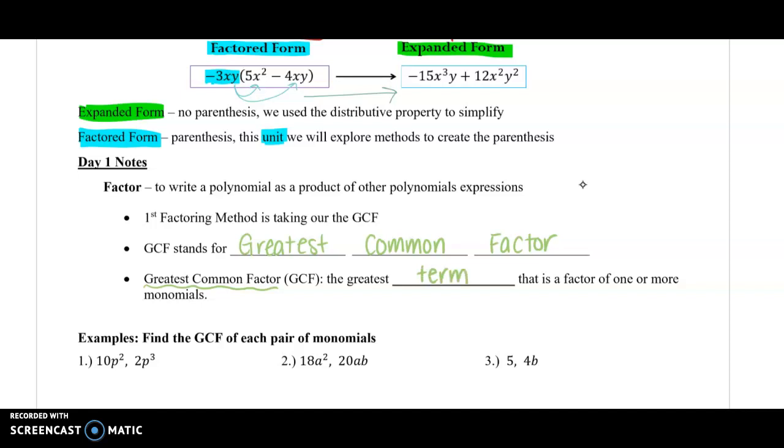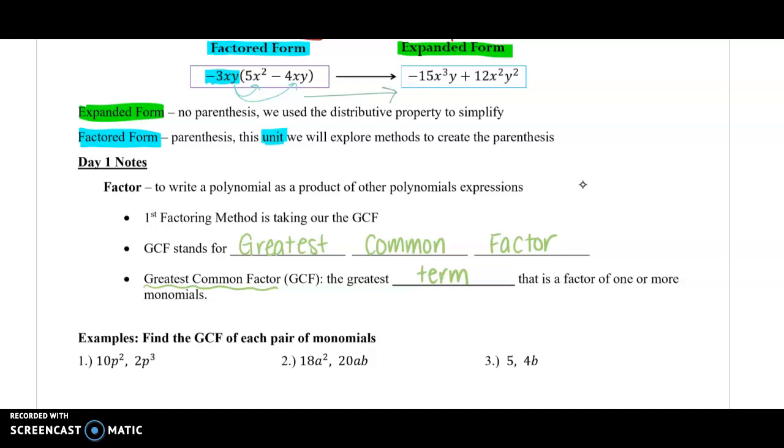I say term because it can be a number, it can be a variable, it can be both. It's the greatest term that is a factor of one or more monomials. What that really is saying is it is the largest or greatest term that goes into all of the monomials that we were given.